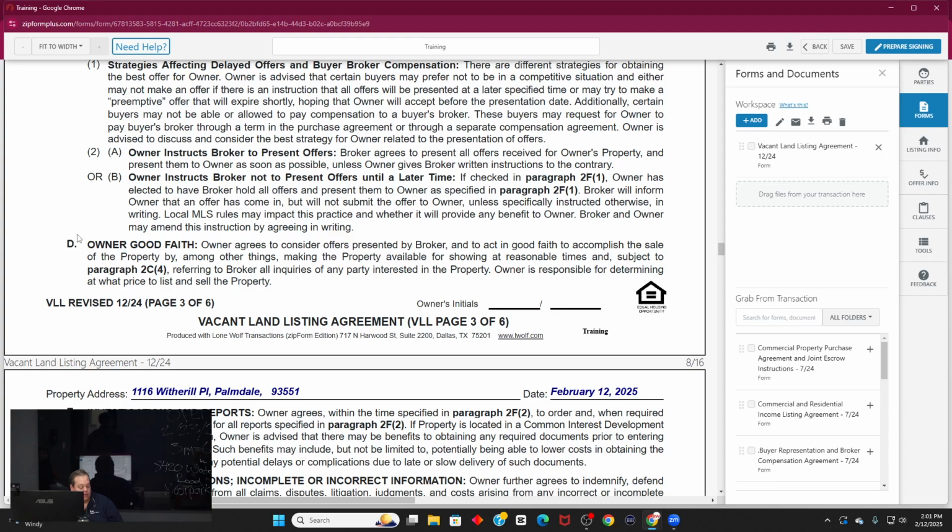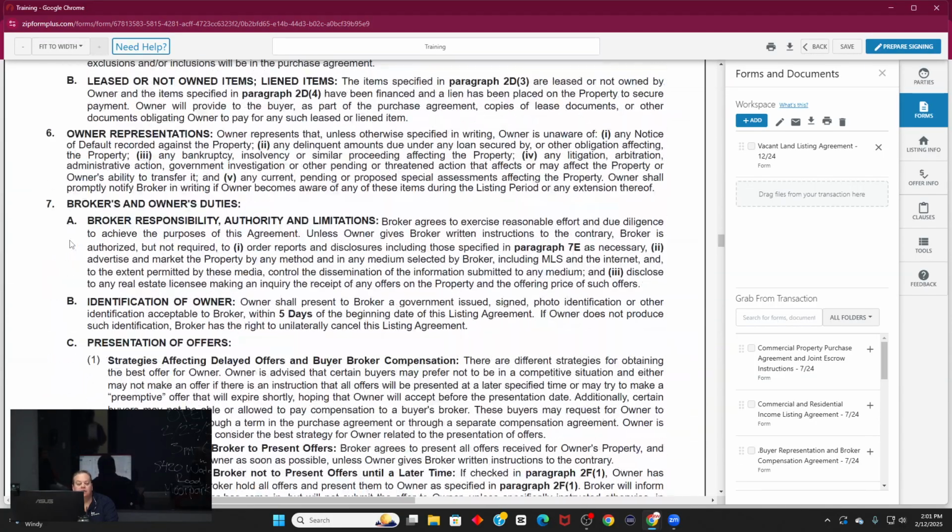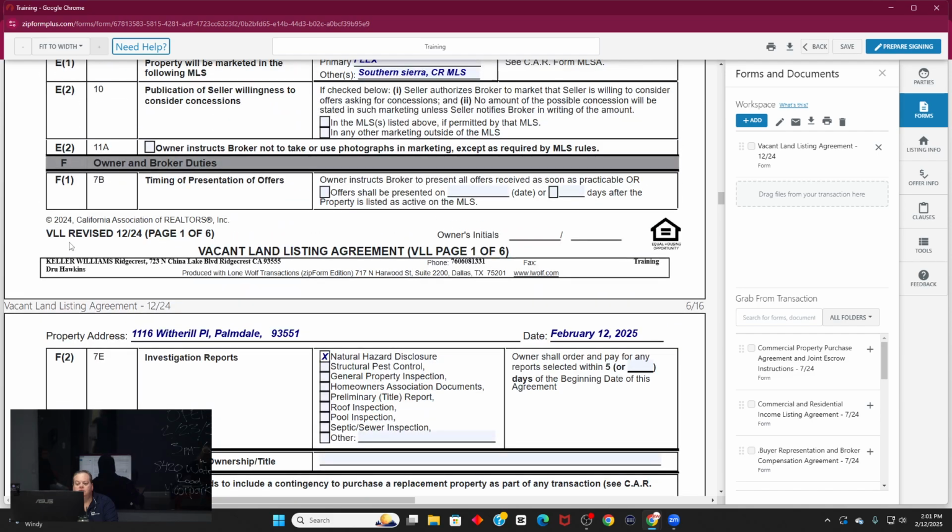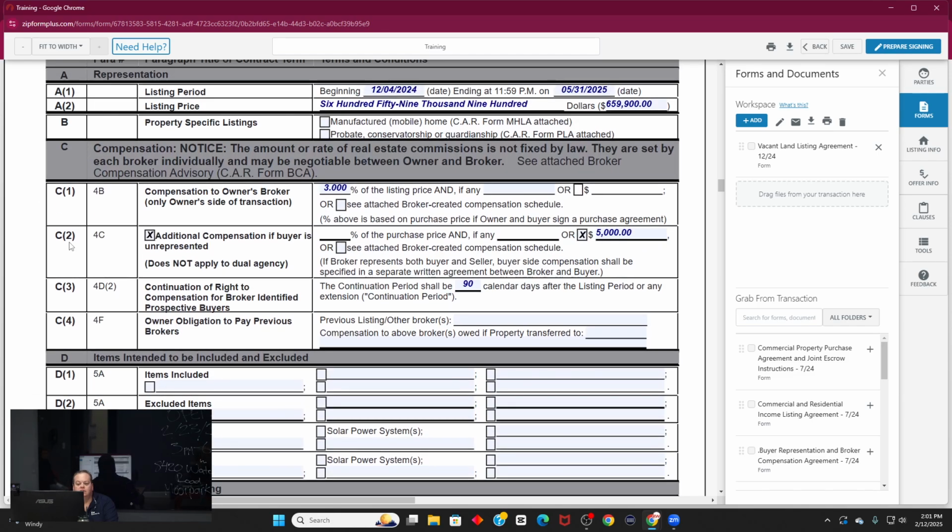Drew, how about, can we go back to page 1 to C1? Sure. Because I think you have 3% as commission. Does she know that it's customary for land, 5%? Oh, good point. I thought it was 10. Good job, Cecilia.